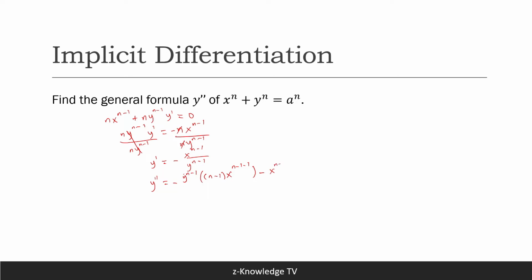So, x raised to n minus 1, then derivative ng denominator. So, derivative ng denominator is n minus 1 times y raised to n minus 1 minus 1 din, pero kakabitan natin siya ng y prime. Okay? Over, squared natin yung denominator. So, y raised to n minus 1, squared.